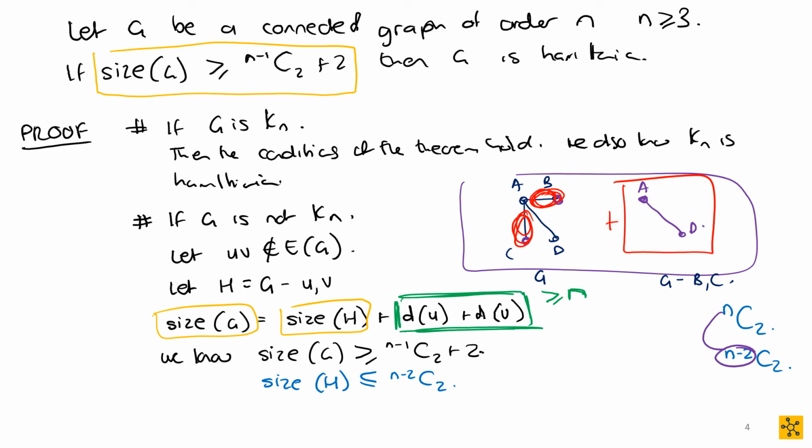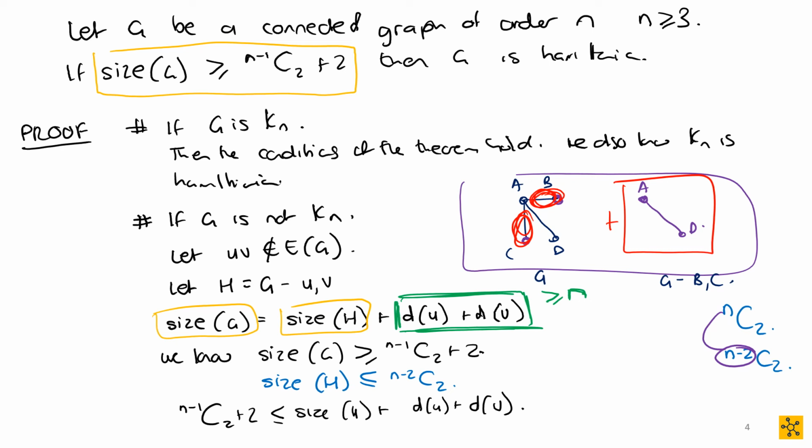Okay, so if we know that for definite, we know that the size of G, written in terms of this n minus 1 C2 plus 2, is greater than that number. So we know n minus 1 C2 plus 2 is going to be smaller than the size of H plus du plus dv. But we also know that the size of H is less than n minus 2 C2.